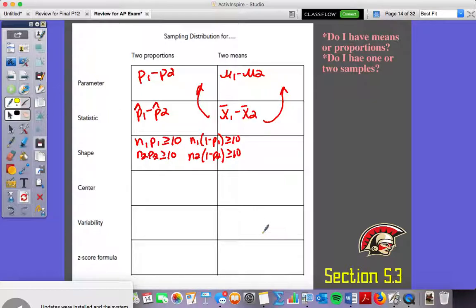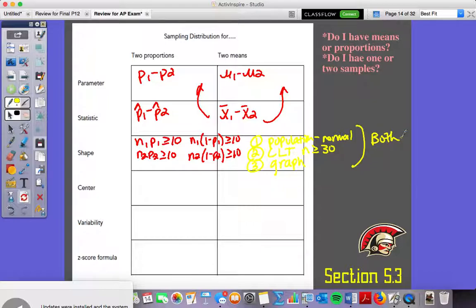On the second one, for the two means, you've got to make sure that it passes both, right? So population is approximately normal or normal. The second one is CLT, n is greater than or equal to 30. And then the third, we go into the graph. If you're confused, go to the other one, but we've got to do this for both, okay?